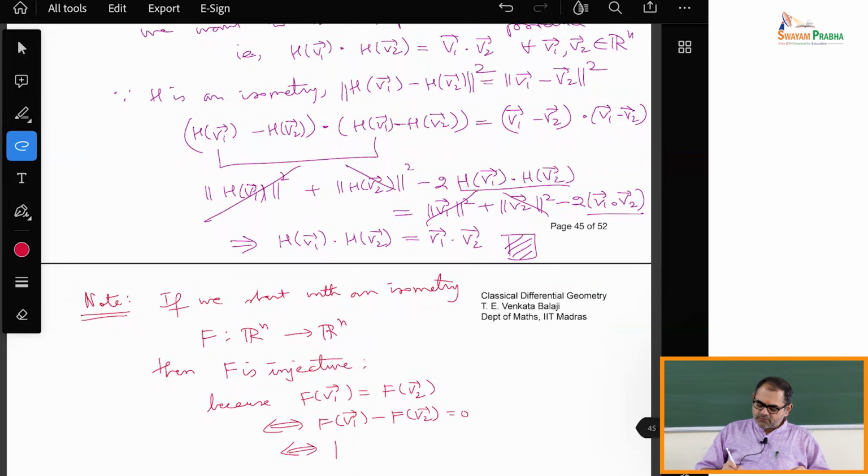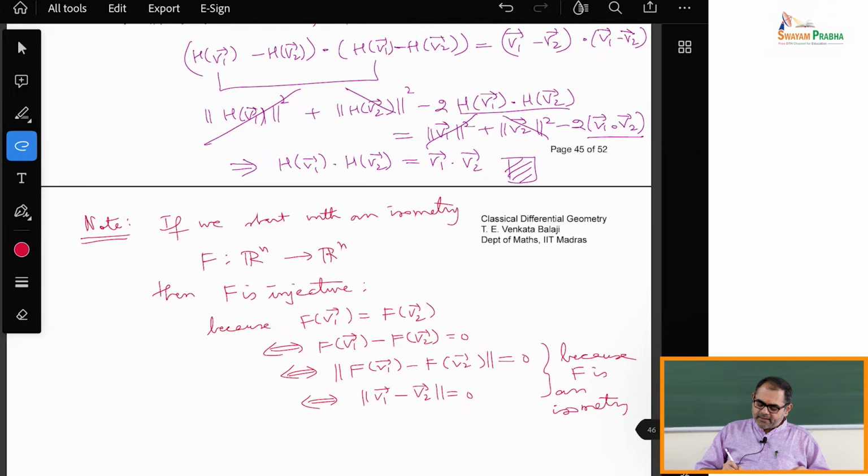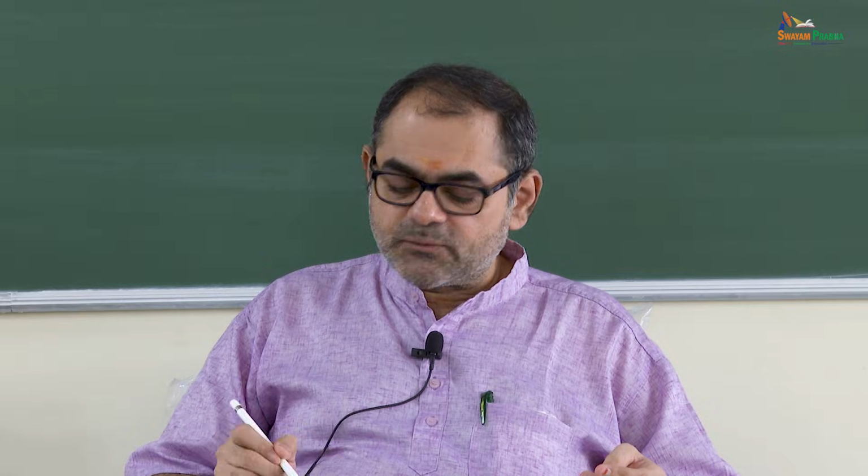That is true if and only if norm of f v1 minus f v2 is 0, and that is true if and only if norm of v1 minus v2 is 0. This step is because f is an isometry. And norm v1 minus v2 is 0 holds if and only if v1 equals v2. A norm of a vector is 0 if and only if the vector itself is 0. Okay, a non-zero vector will have non-zero norm. So if f takes v1 and v2 to the same vector, then v1 and v2 must be the same vector. So it is an injective map.